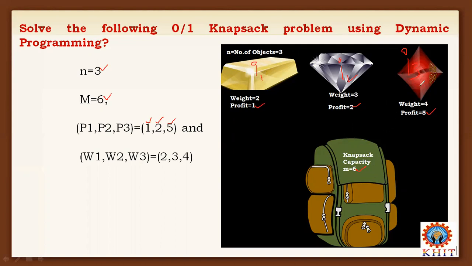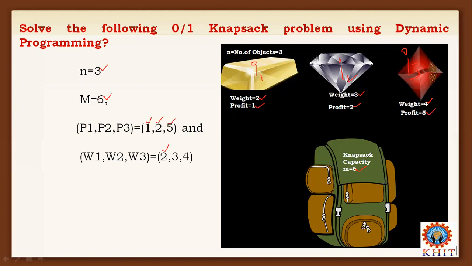If you fill the bag with the purple item, you will get 5 lakh rupees. This is the weight of the items. If you fill the bag with the gold item, it will take 2 kg weight. The diamond item will take 3 kg weight. The purple item will take 4 kg weight.